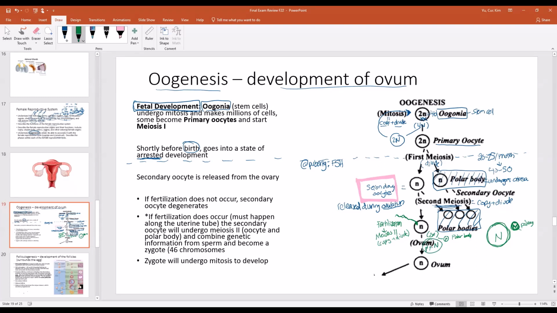And that comes together, and that results in 2N with the combination of mom and dad. And what do we call this? Zygote. Does that make sense? Mhm. Questions? If it doesn't, now's a great time to ask.